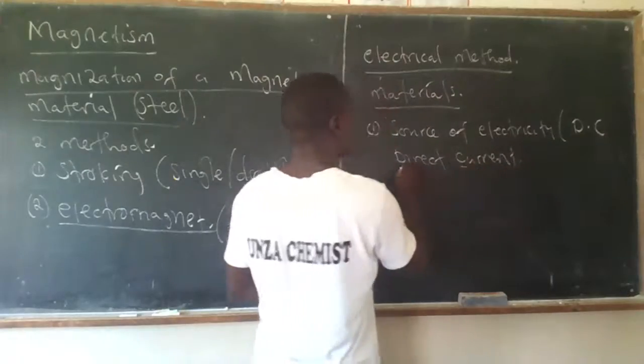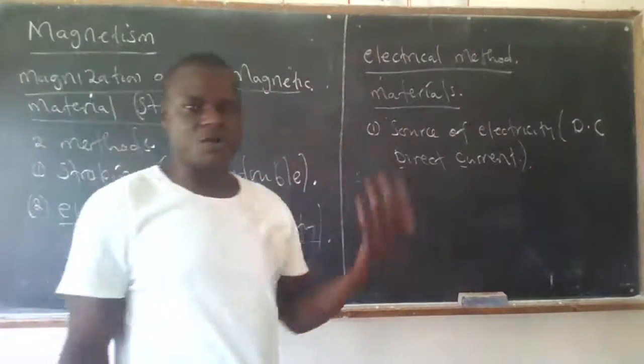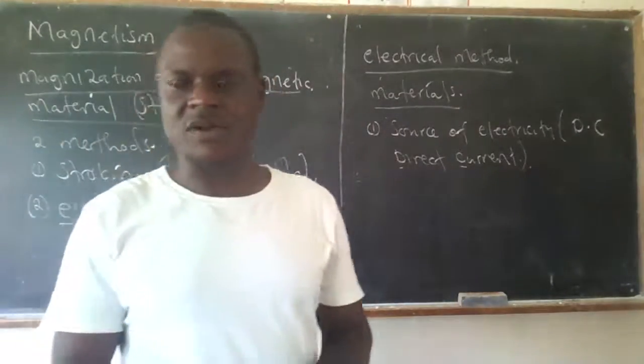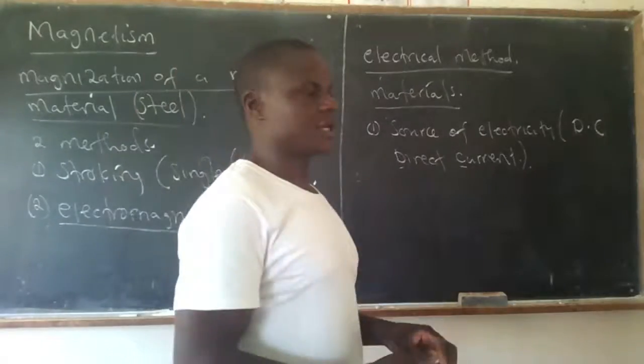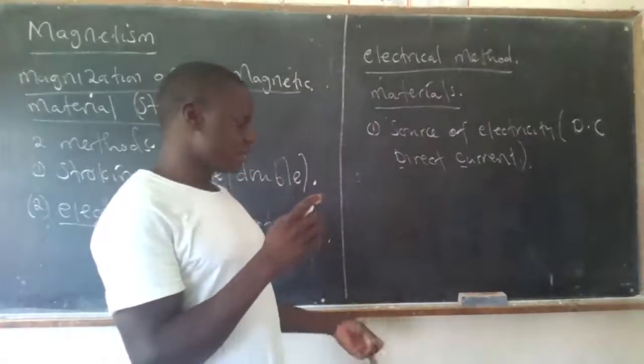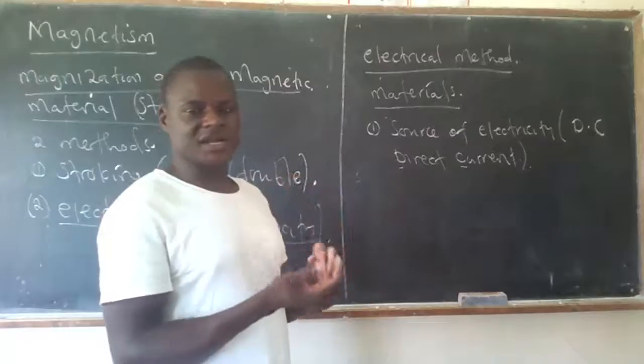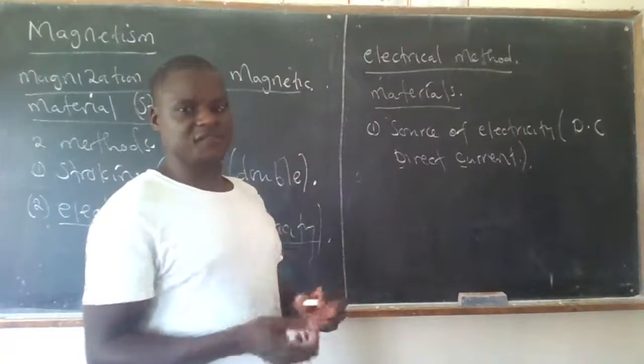Now, where can you find this direct current? The current that flows in the wires in our homes, that is not the one I'm talking about. That is AC, alternating current. Why? Because it changes direction 50 times per second.